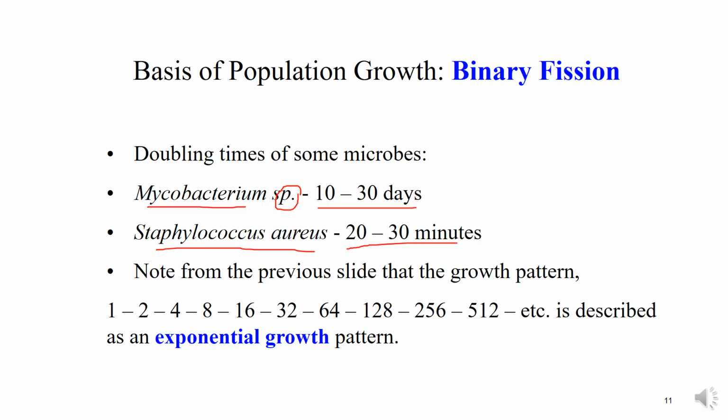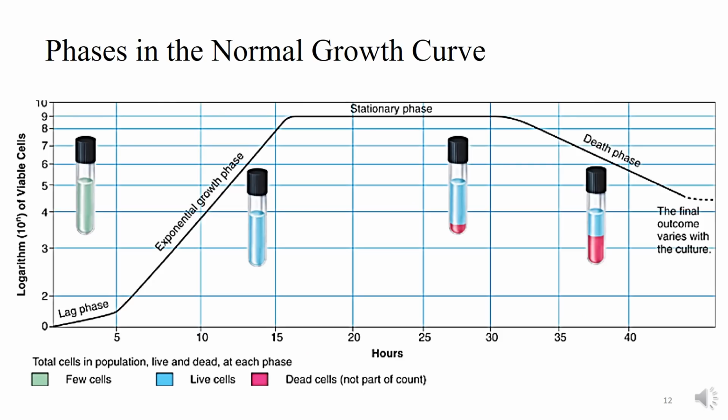Like I said in the previous slide, this is exponential growth. 1 becomes 2, 2 becomes 4, 4 becomes 8, 8 becomes 16, 32, 64, and so on. The graph here shows the phases in normal bacterial growth. This is a bacterial growth curve.